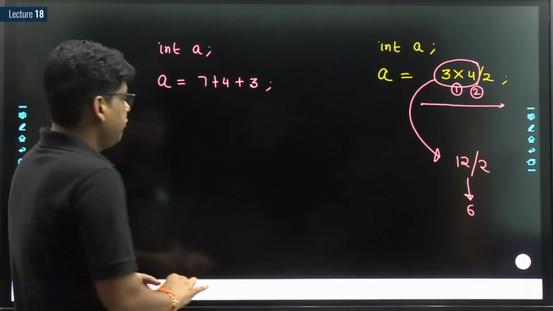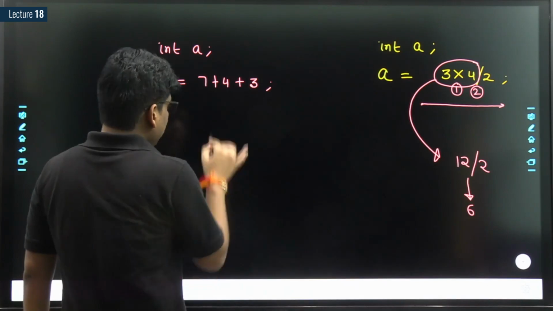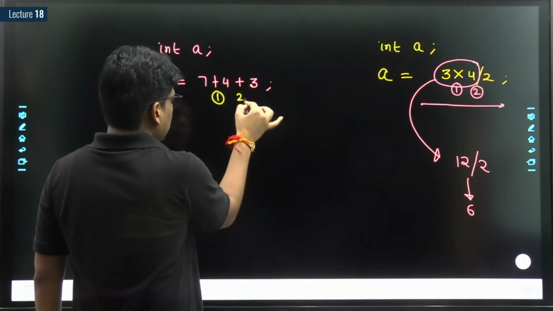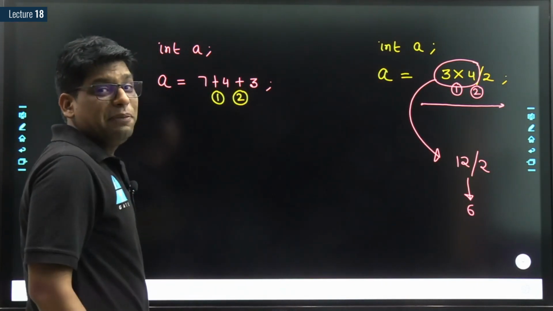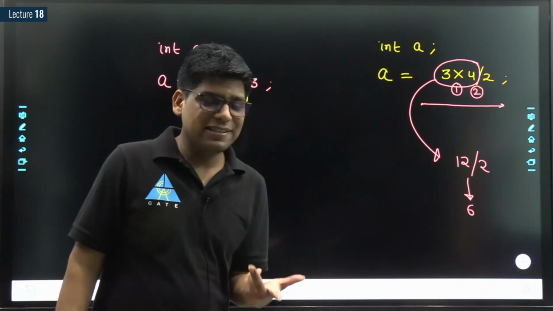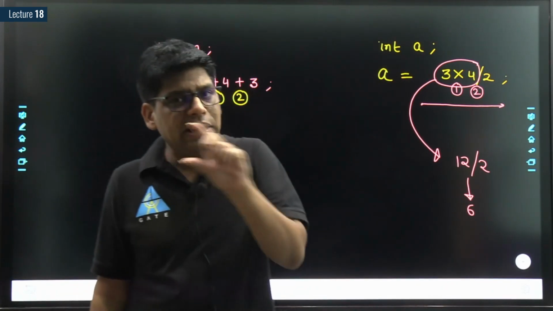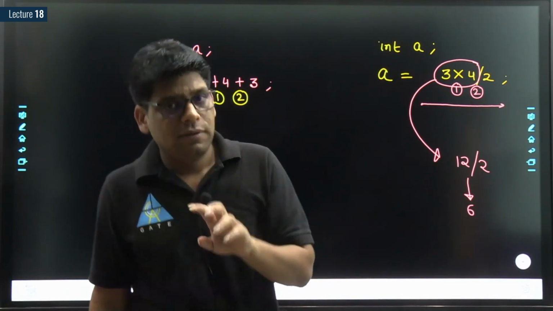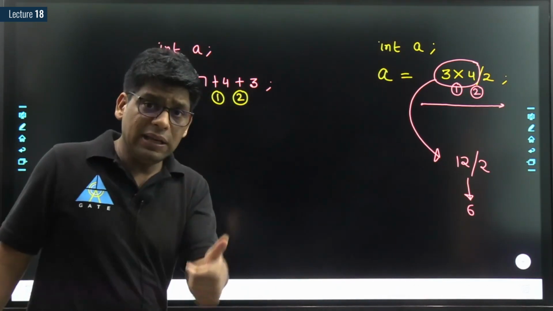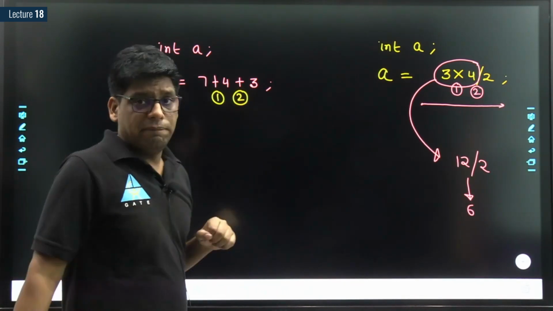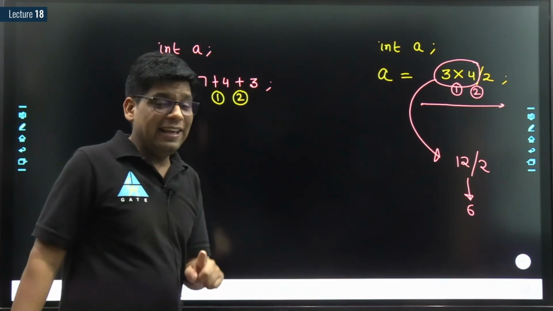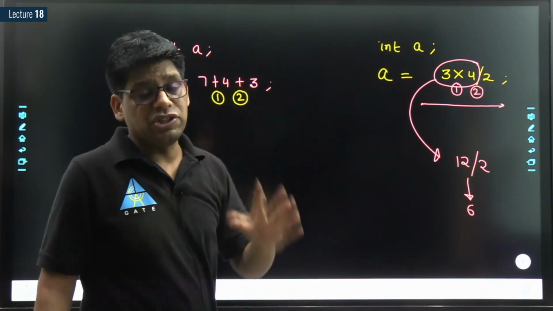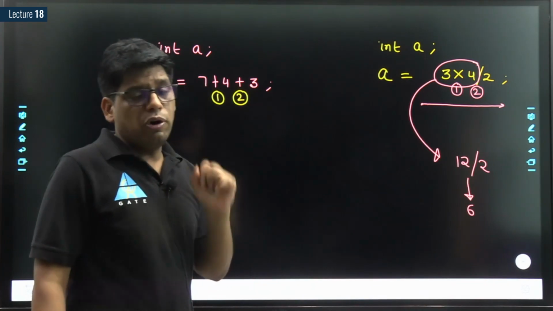We have same operator multiple times. Again the same situation: you have multiple operators of same priority. Are they of same priority? Yes, of course. Then again associativity comes into picture. Sir, which one will be performed first?